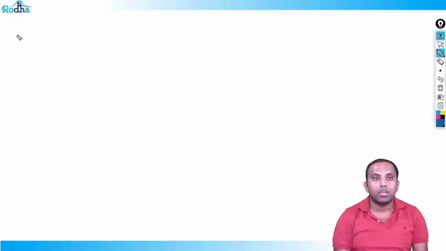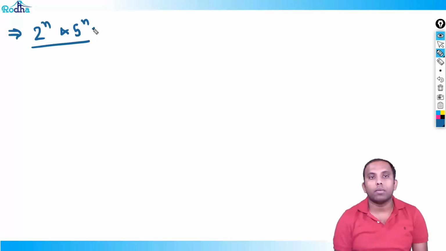Now see here. If I have to find the divisibility rule for all the numbers of the form 2 raised to n and 5 raised to n, most basic. See, a number A, B, C, D, E, F, suppose it is a 6-digit number. How do we write it?